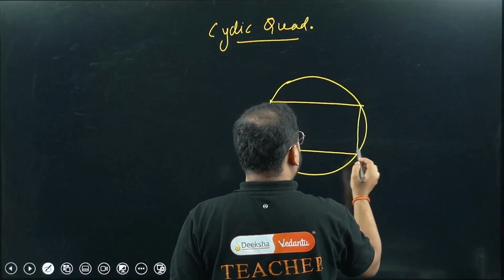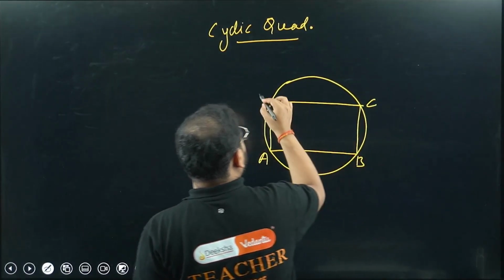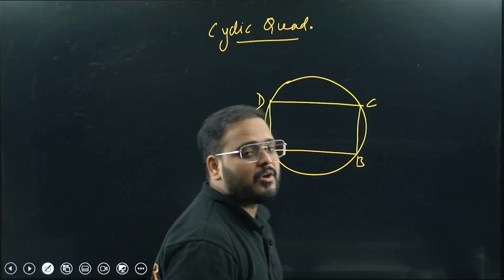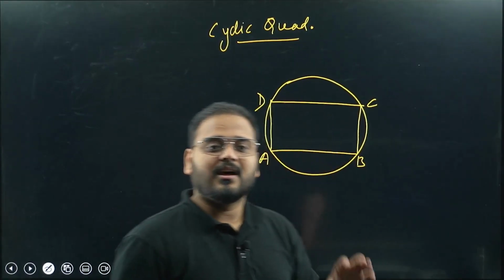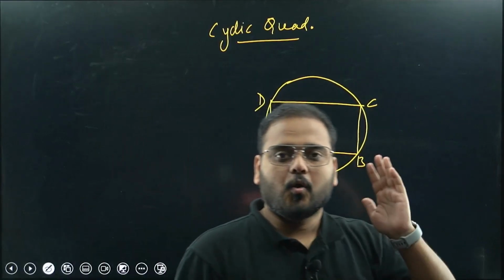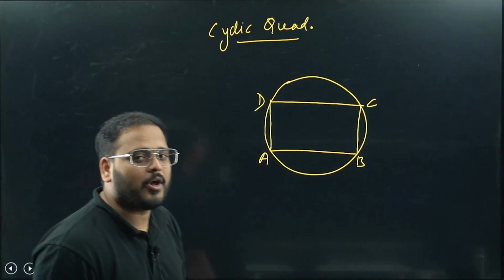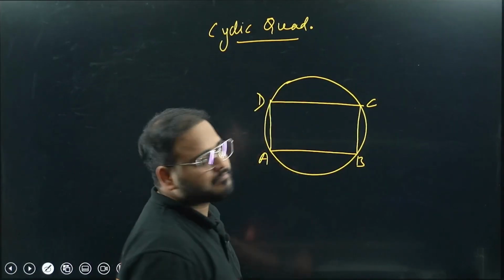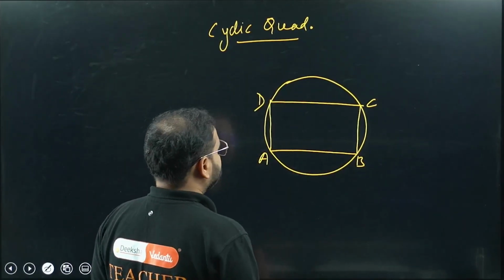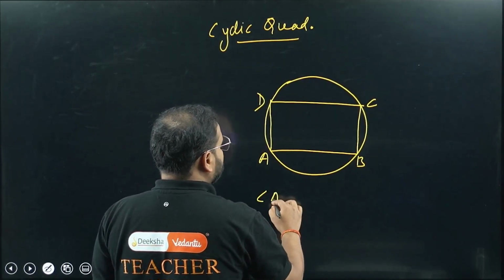Whenever we have this, A, B, C and D, the vertices of a quadrilateral lying on the circumference of the circle, is that clear? We call the quadrilateral cyclic. In that case, what is the property? The property is very simple: the opposite angles are supplementary.